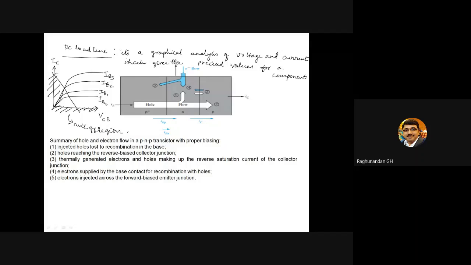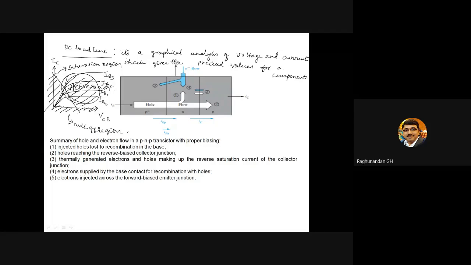This region is known as the saturation region. The region in the center is known as the active region. These are the three regions of operation.